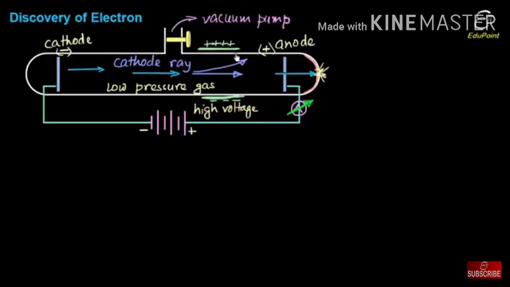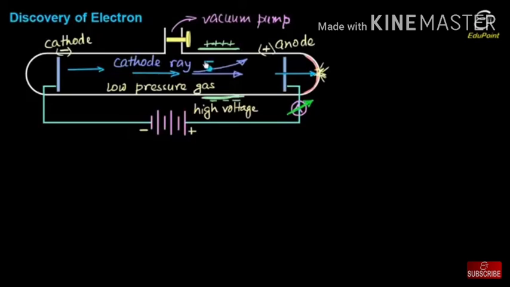The shadow proved that these rays followed a straight line, and these rays were turning towards the positive charge. It means the deflection was towards the positive charge when the magnetic or electric field was created in between. It shows that these were made of negatively charged particles.